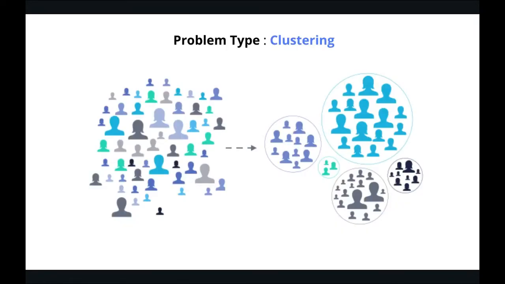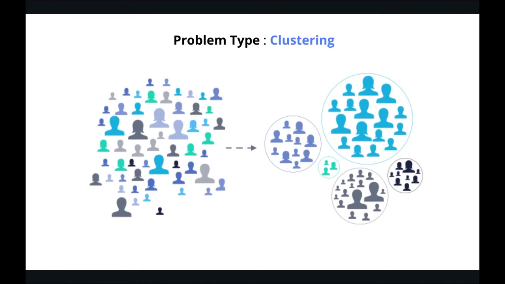So clustering is the task of grouping a set of objects in such a way that objects in the same group are more similar to each other than to those in the other group. So if we were to apply a clustering algorithm to a customer database like this one, then it may cluster this set by income, or it may cluster this set by age.